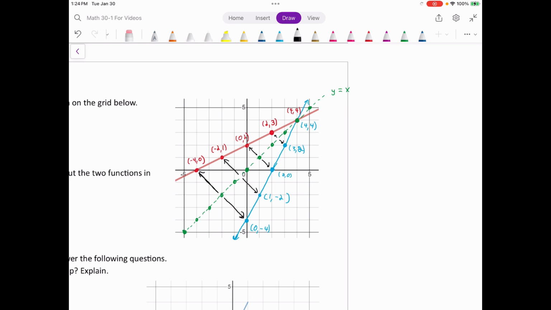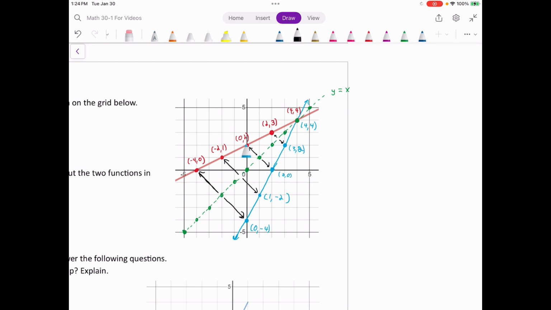And you can see here that in order to take the inverse, if I think about what I need to do to the point 0, 2 to turn it into the point 2, 0, I have to take the x and make it 2, and the y and make it 0.